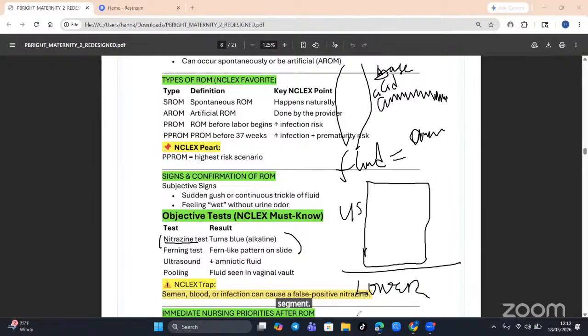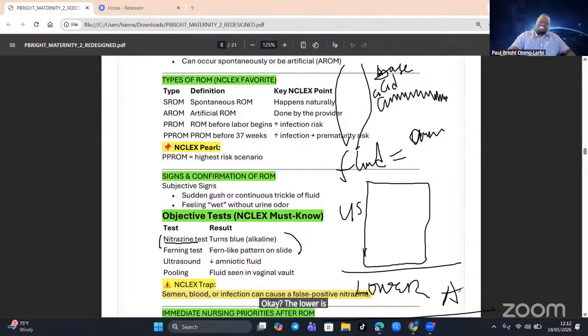Okay. The lower is acidic because of infection, because of all this, because it is non-sterile. The lower is always non-sterile. Okay. And the upper is what? Sterile. Clean. No dirt. Because the baby has to come from there. Okay. So it's a base.